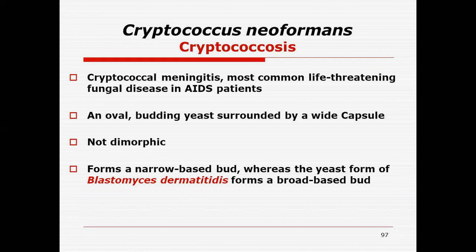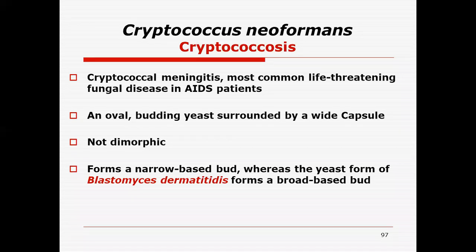This fungus, Cryptococcus neoformans, forms a narrow-based bud. The budding is from a narrow base. Whereas the yeast of another important fungus, Blastomyces dermatitidis, forms a broad-based bud. So we can distinguish both of these fungal cells based on their budding.